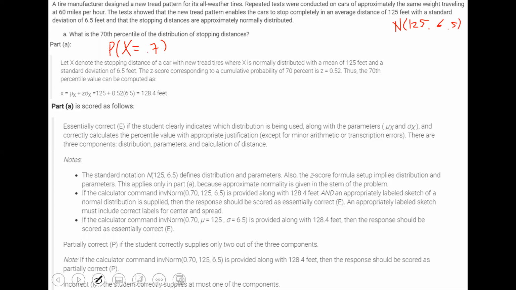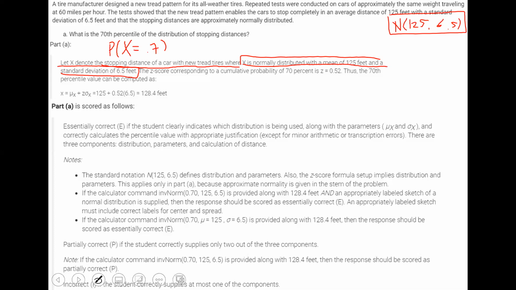So here what they did is let X denote the stopping distance of a car with new tread tires. And then they said that X is normally distributed. I know this was in the question, but this needs to be mentioned in order for them to know that you know how to use this information. So if you wrote this notation somewhere in your answer for part A, then that would have been satisfied.